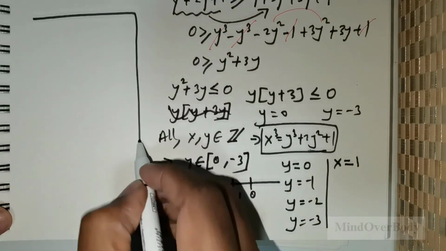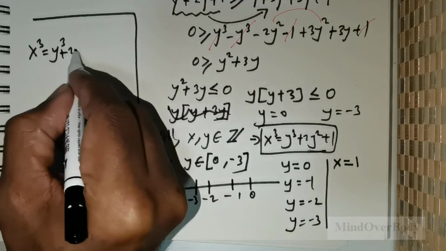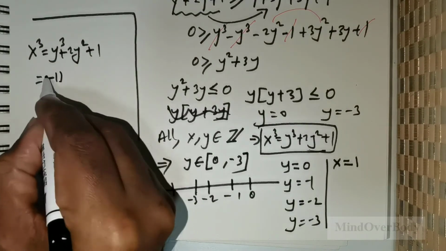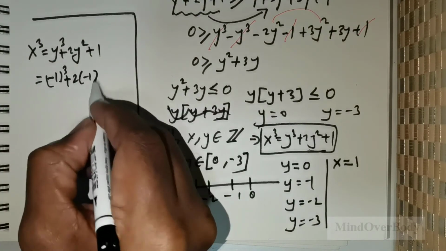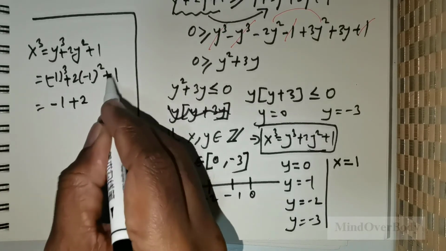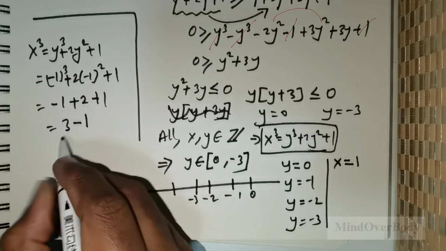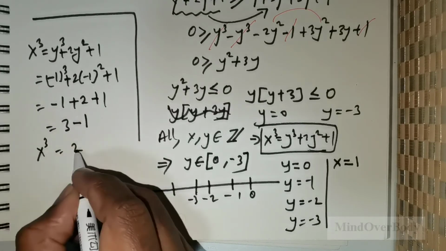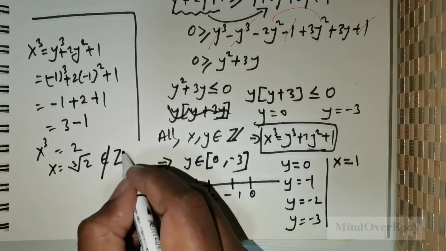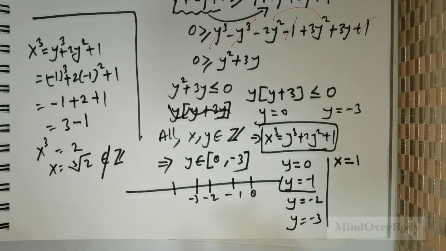So x cubed is equal to y cubed plus 2y squared plus 1, which is (-1) cubed plus 2 times (-1) squared plus 1. This is -1 plus 2 and plus 1, which is 3 minus 1, which is 2. So x cubed is equal to 2, which means x is equal to the cube root of 2. This is not an integer, so this is just not possible.